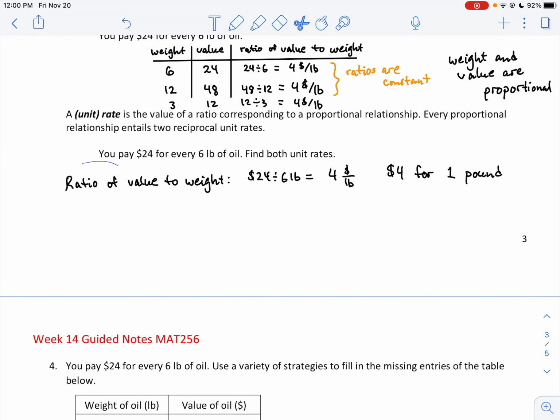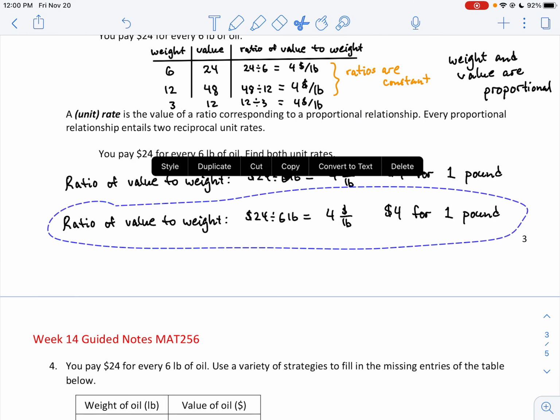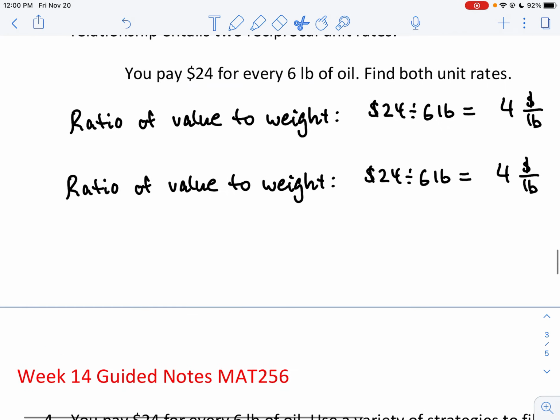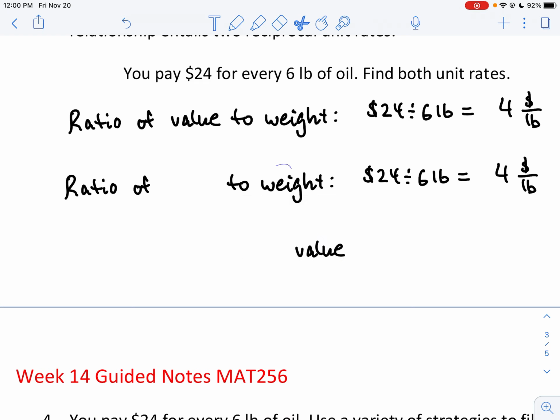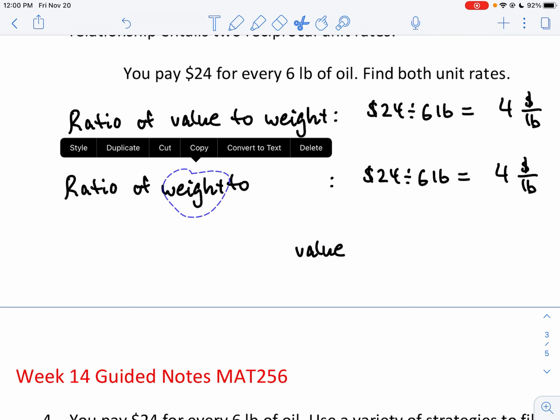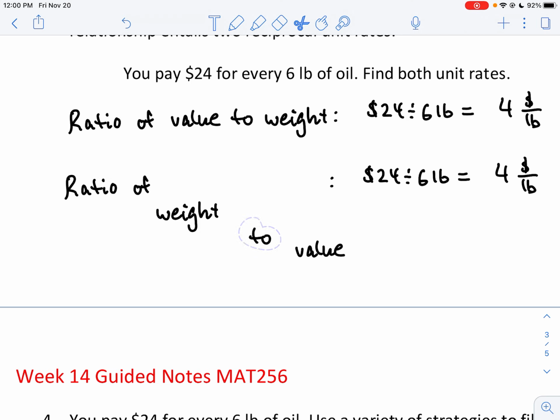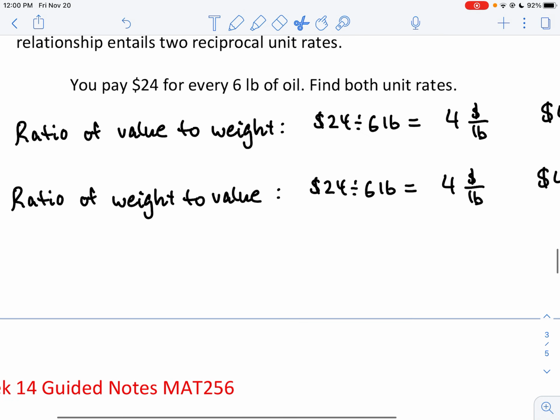You can also do the other way around. You could do the reverse ratio, right? So effectively, we're going to do the ratio of weight to value. There we go. In which case, you would switch these around as well.